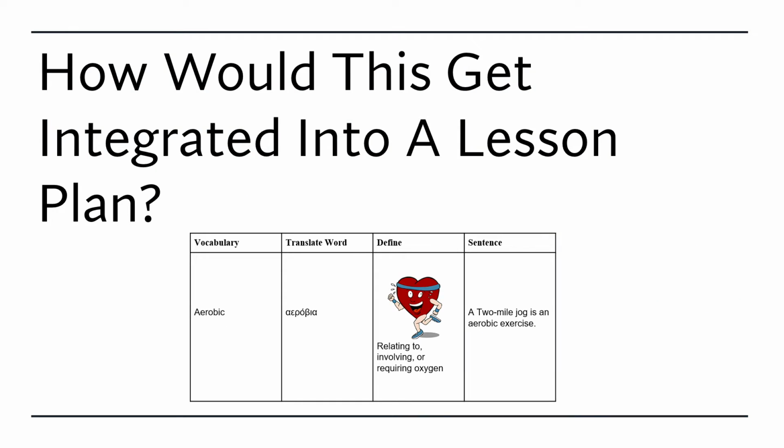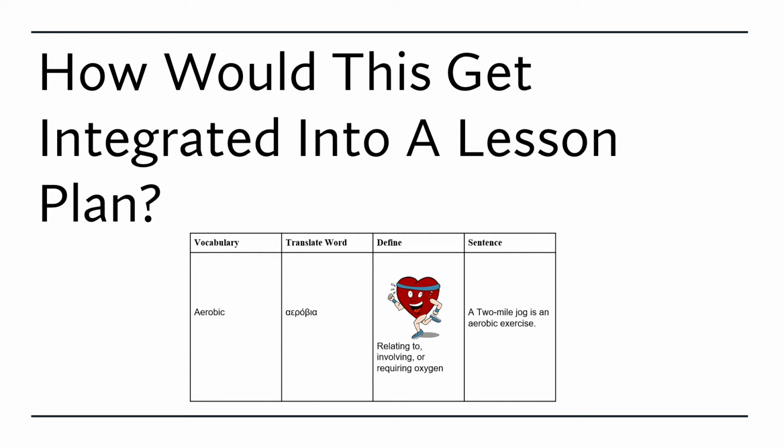How would this get integrated into a lesson plan? So as you can see here, I have a sample of what it would look like. The vocabulary word that I chose is aerobic, and I translated it into Greek, which is pronounced aerobic, and then it is defined as relating to, involving, or requiring oxygen.